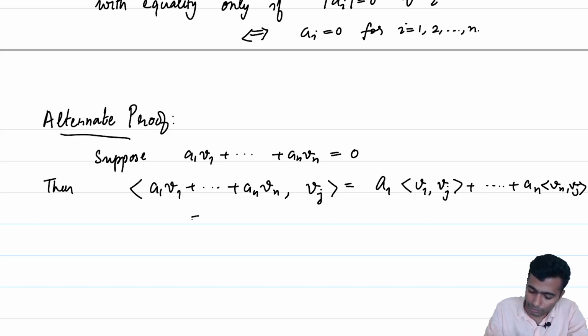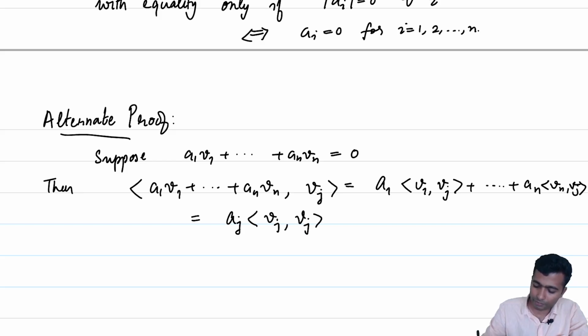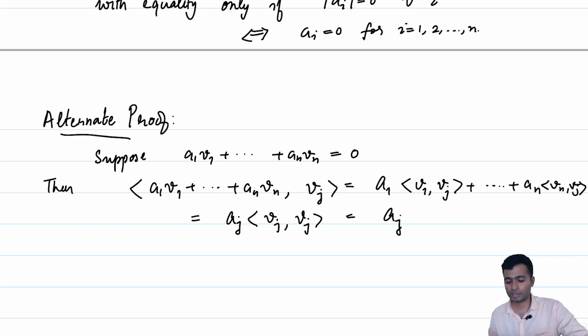So this is just going to be equal to aj times the inner product of vj with vj, which is equal to aj, because the length of vj is equal to 1, and therefore the inner product of vj with itself is equal to 1. All other terms vanish, notice that. But what is a1 v1 plus a2 v2 up to an vn? It's just the 0 vector.